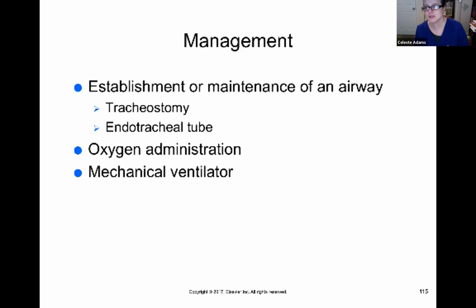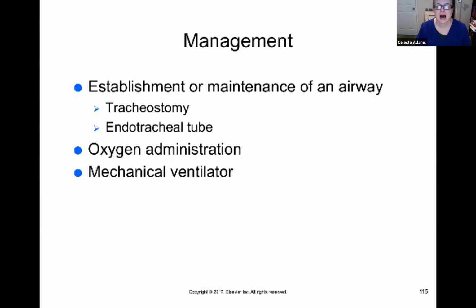Too much CO2 equals respiratory acidosis. So they're going to want to put in an airway to avoid that obstruction so that patient can start breathing off that CO2. They may need to give the patient a tracheostomy, or they may need to put an endotracheal tube, or ET tube, in the patient and put them on a ventilator.